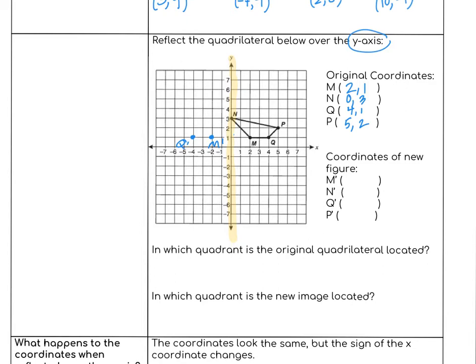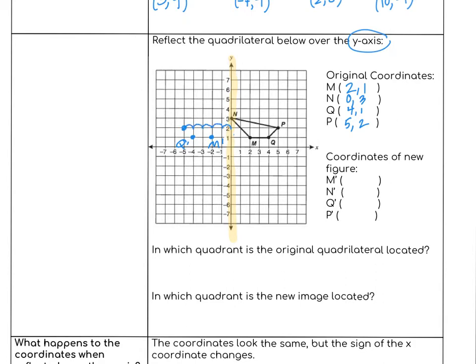Alrighty, then let's go ahead and draw P on the left, P prime. So if we look at our original P was 1, 2, 3, 4, 5 spaces out. So that means that on the left side, we need to go 5 spaces out as well. 1, 2, 3, 4, 5.